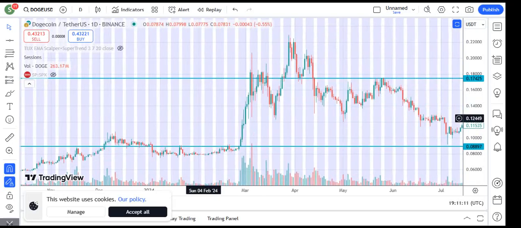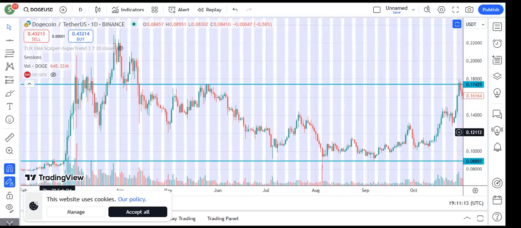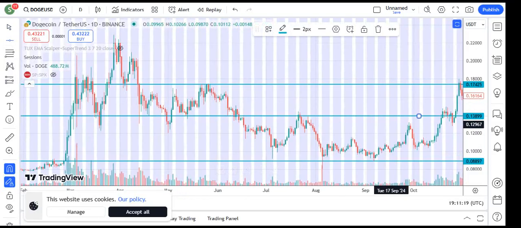Okay, so I'm going to use this as one support. I'm going to put another support again, just a clearer support that we can easily see.